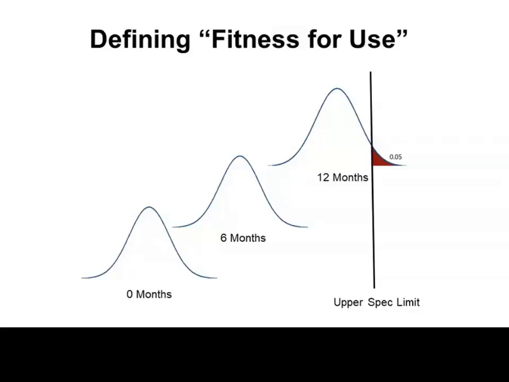But let's suppose at 12 months, we see that some of this curve now exceeds the upper spec limit, and specifically, this red section has an area under the curve of 0.05 or 5%. So if we define shelf life as the time at which 5% are expected to not meet spec, then our shelf life estimate in this case would be 12 months.